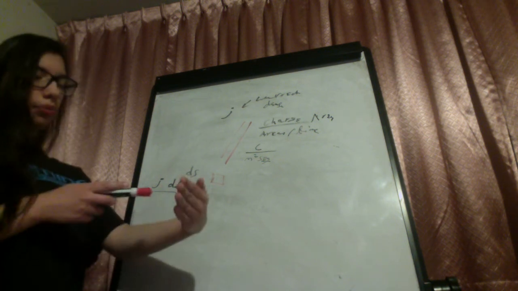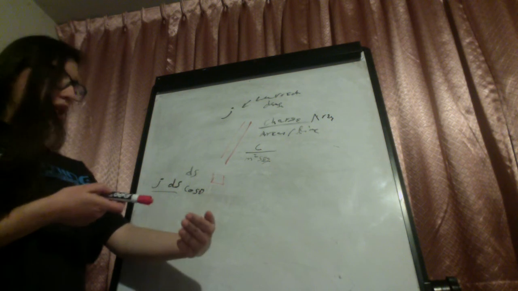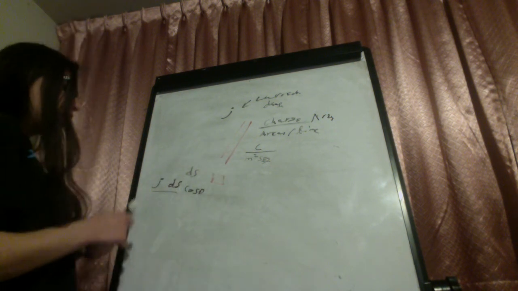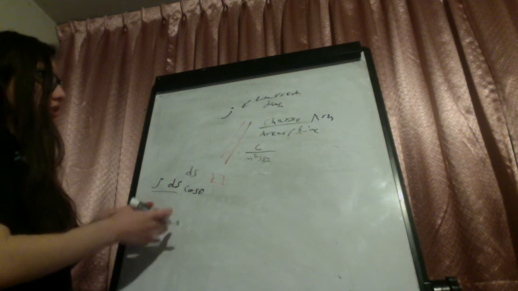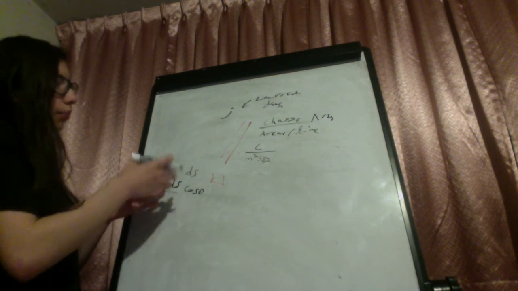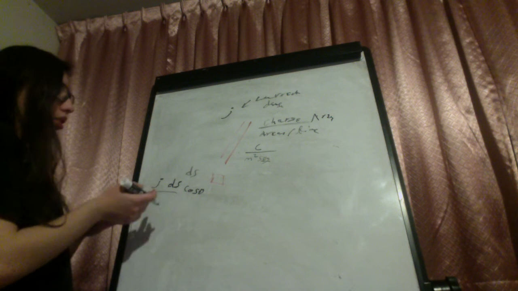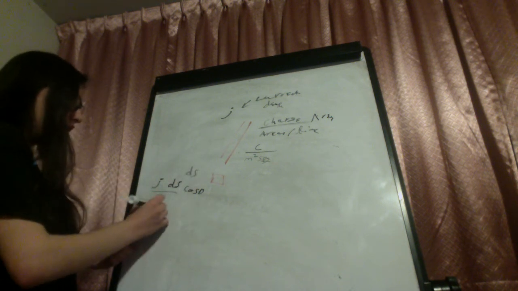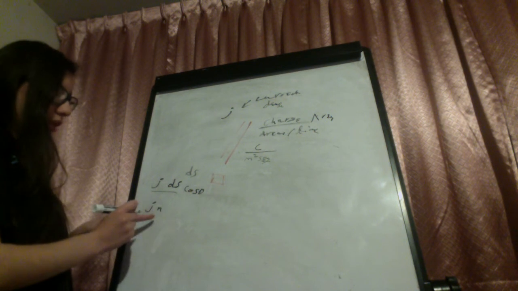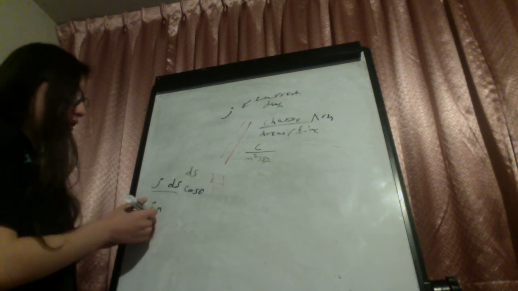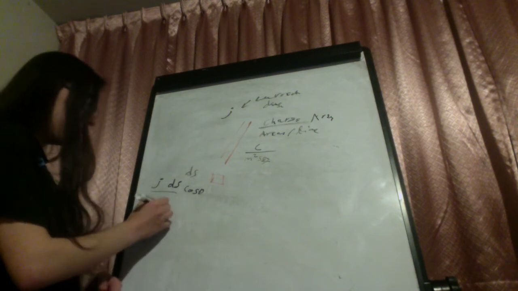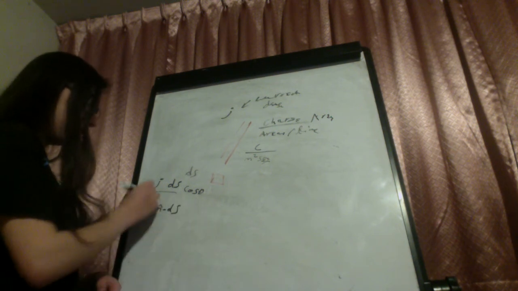So if the normal vector is parallel to the J vector, then the J vector is perpendicular to the cross-sectional area. So the charges that will be flowing per unit of time in this infinitesimal cross-sectional area is just J times the unit vector. This is the normal unit vector, normal to this cross-sectional area, dot dS.